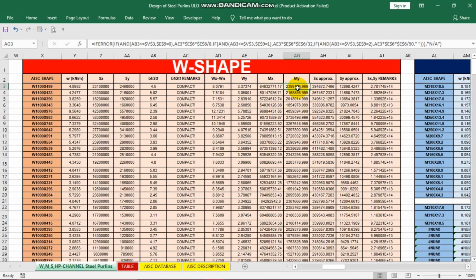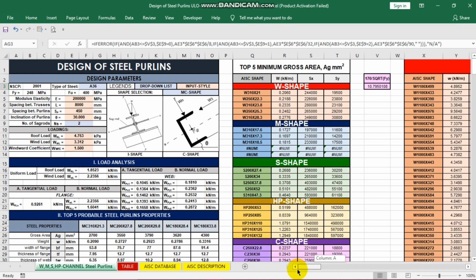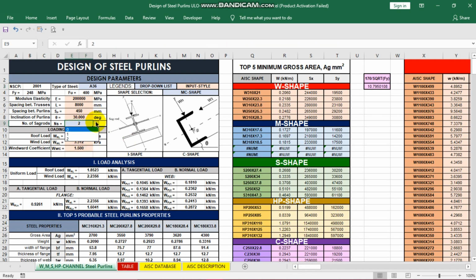If the number of sagrods is equal to 1, its moment is WL squared over 32. And if the number of sagrods is equal to 2, its moment is WL squared over 90. The number of sagrods I am referring to, sir, is the NS here. So, you can choose 0, 1, or 2.